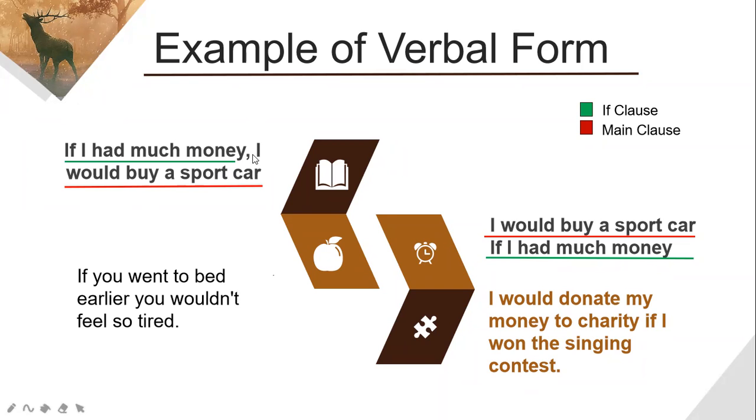And then the result clause or main clause, I would. Would is past future, and then followed by verb 1. I would buy a sport car. All right, so that's example 1.